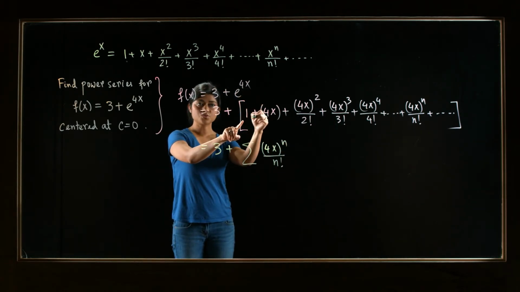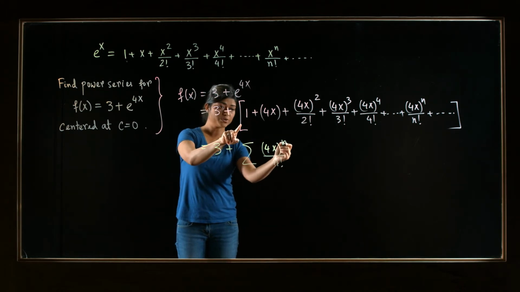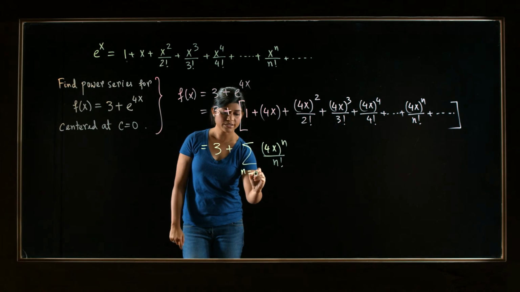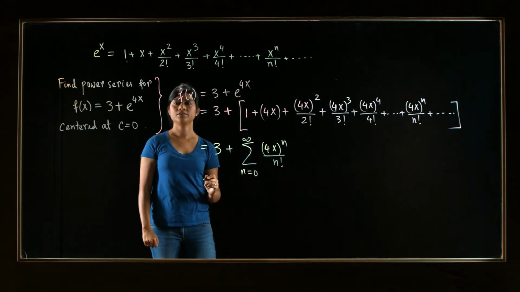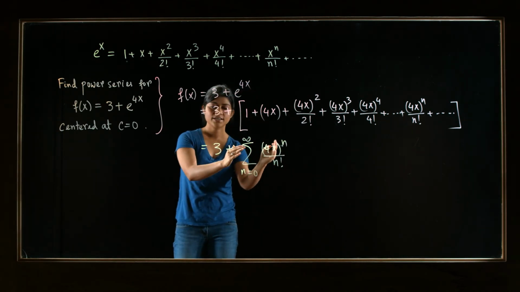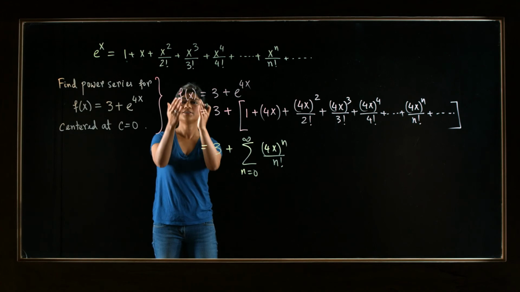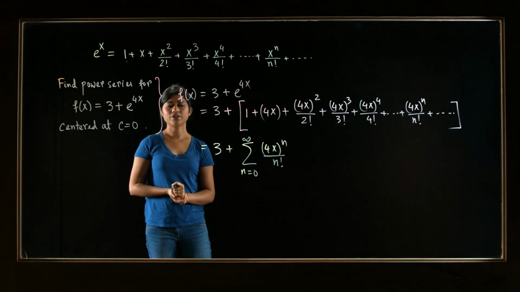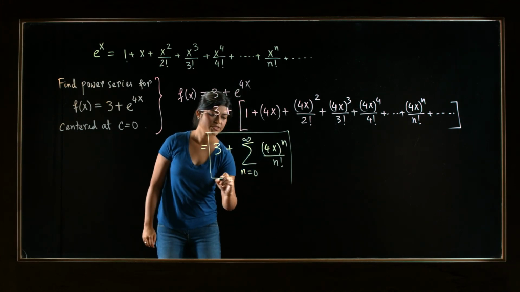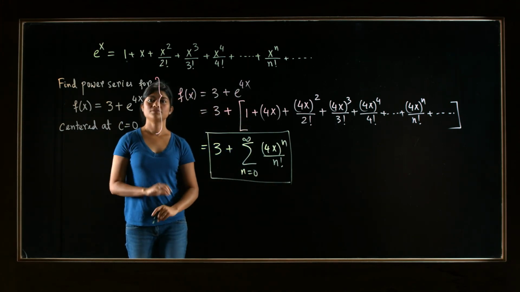The first term has to be 1, and you get 1 when n is equal to 0. So n starts at 0 and goes up to infinity. Just this summation will give you the series for e to the 4x, and then when you add 3 to it, you get the series for the function f. So this is the power series representation of this function f of x.